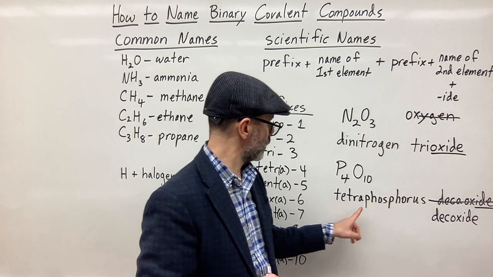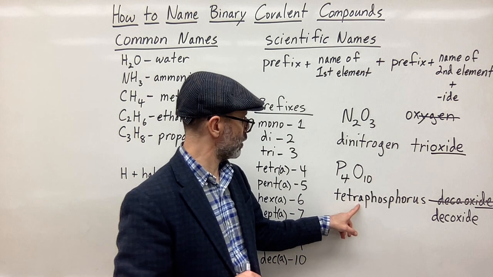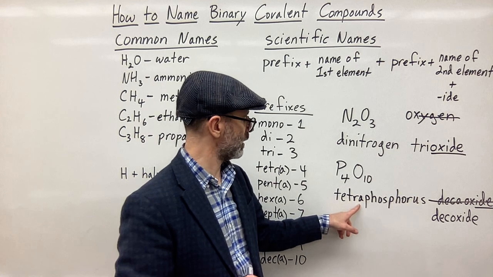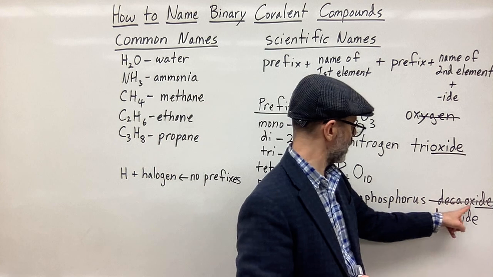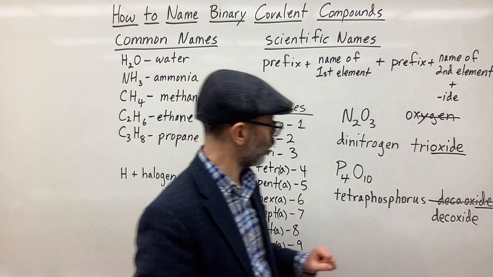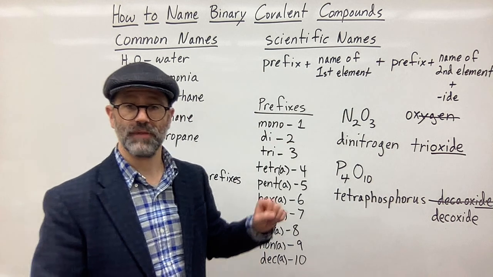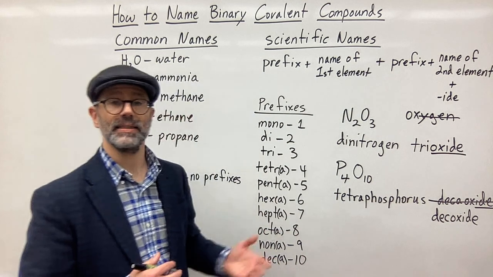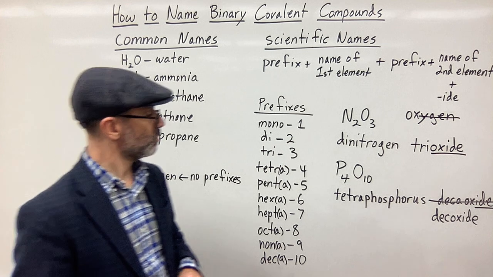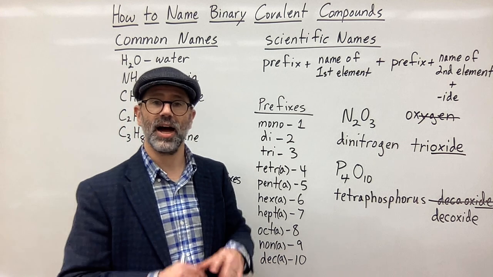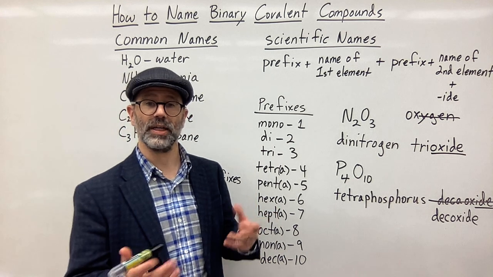Notice that the A here is next to a consonant, so we keep the A. But here the A is next to a vowel O, and so we're going to drop the A. So tetraphosphorus decoxide is the name of that substance. So that is how you name your binary covalent compounds.